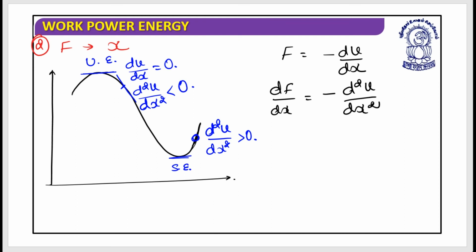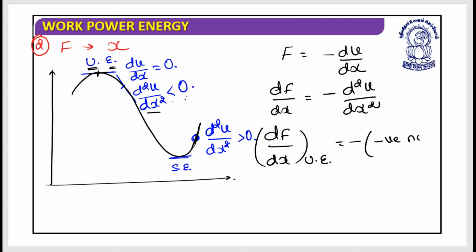Now understand this very carefully: this is the position of unstable equilibrium, where d square u by dx square is less than 0. So I can say that dF by dx for unstable equilibrium should be equal to minus of a negative number, because d square u by dx square is less than 0.